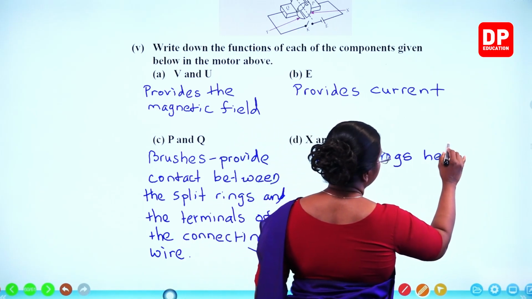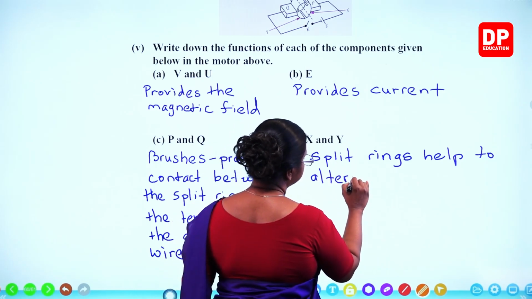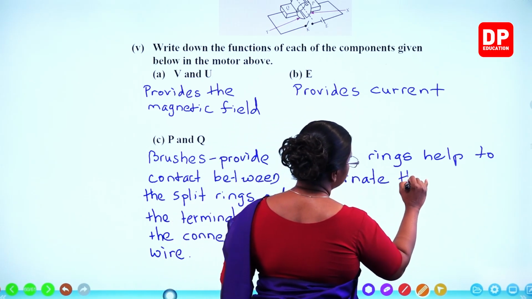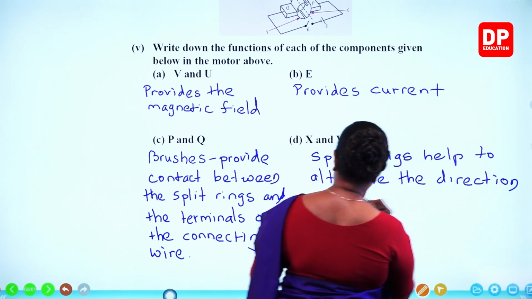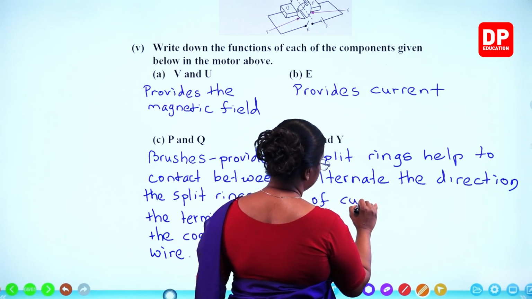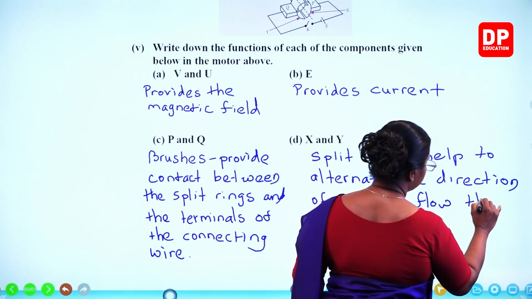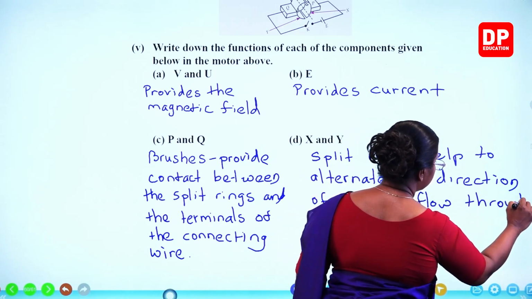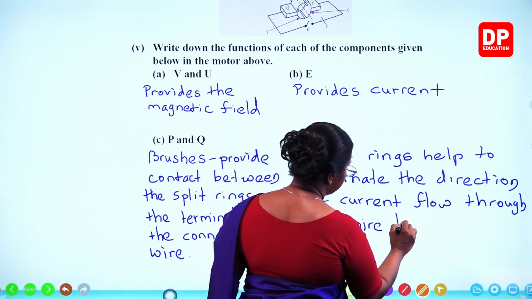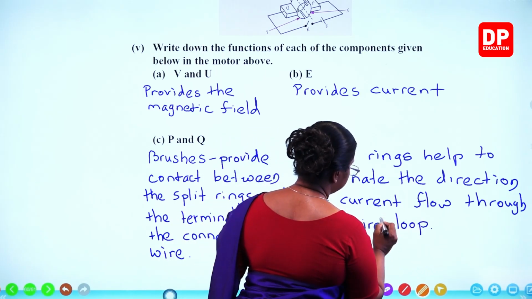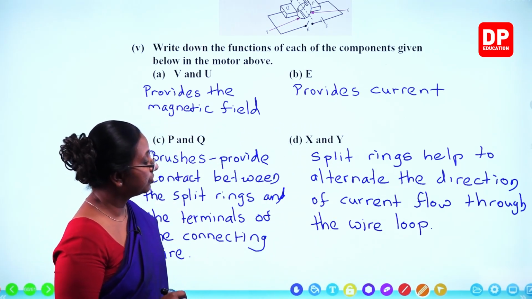Split rings help to alternate the direction of current flow through the wire loop. So, the split rings help to alternate the direction of current flow through the wire loop.